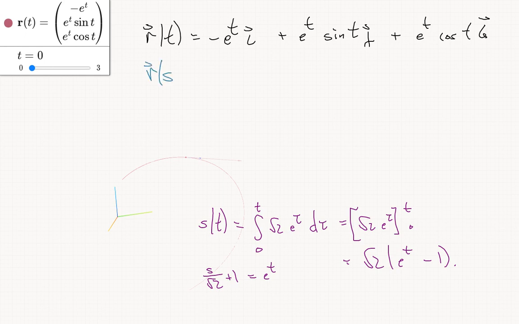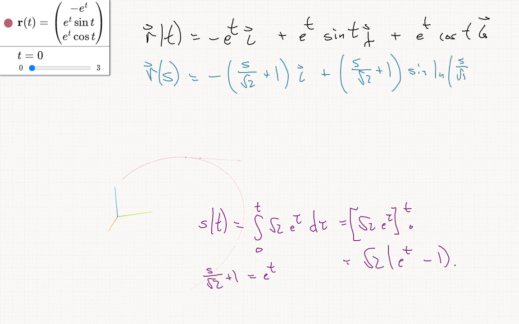r of s is negative s over root 2 plus 1 i plus s over root 2 plus 1 sine ln of s over root 2 plus 1 j plus s over root 2 plus 1 cos ln of s over root 2 plus 1 k.